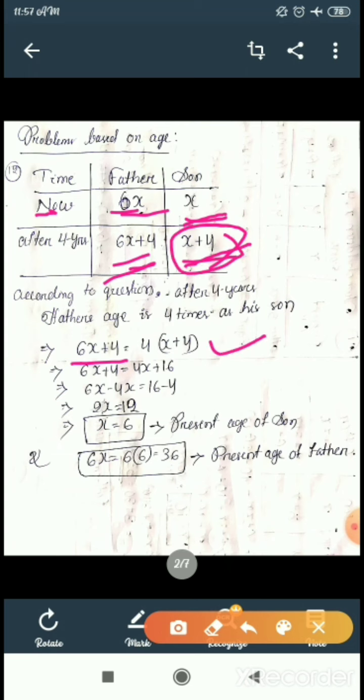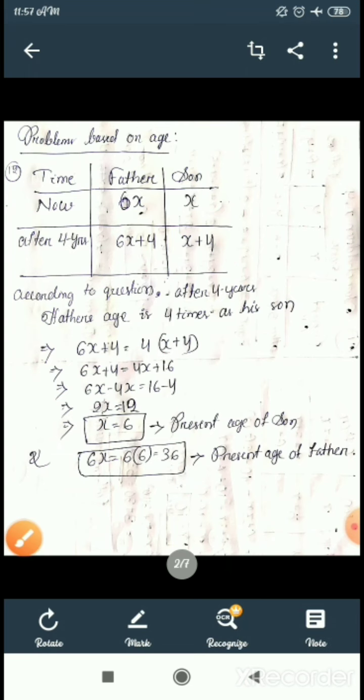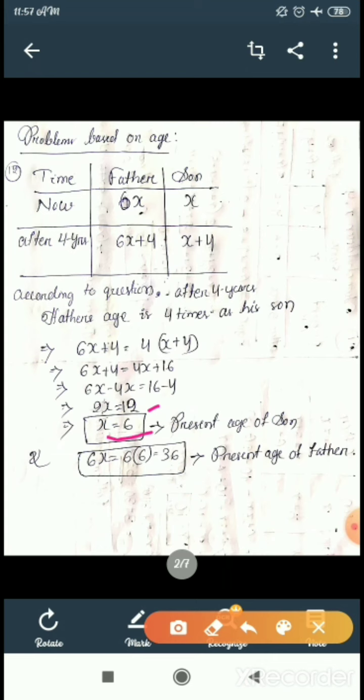Okay, so one equation we got, and from this we can find the value of x. 6x plus 4 equals 4x plus 4 times 4, means 16, and 6x minus 4x equals 16 minus 4, therefore 2x equals 12 and x equals 12 by 2, that is 6.